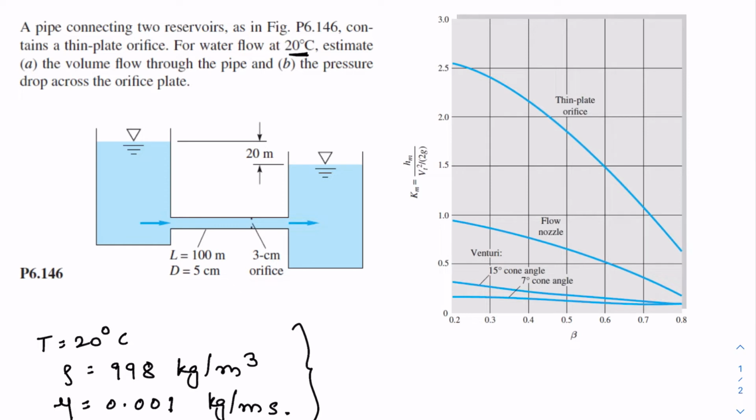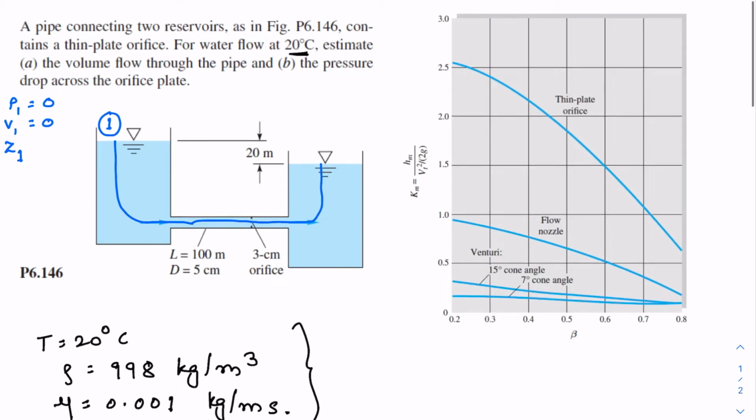So how we are going to solve this problem is we'll just assume a streamline that goes like this. This is my point 1, because most of the information is known at point 1. Pressure at point 1 is atmospheric, so gauge pressure is 0. Velocity at point 1 is also 0, but the elevation at point 1 is 20 meters.